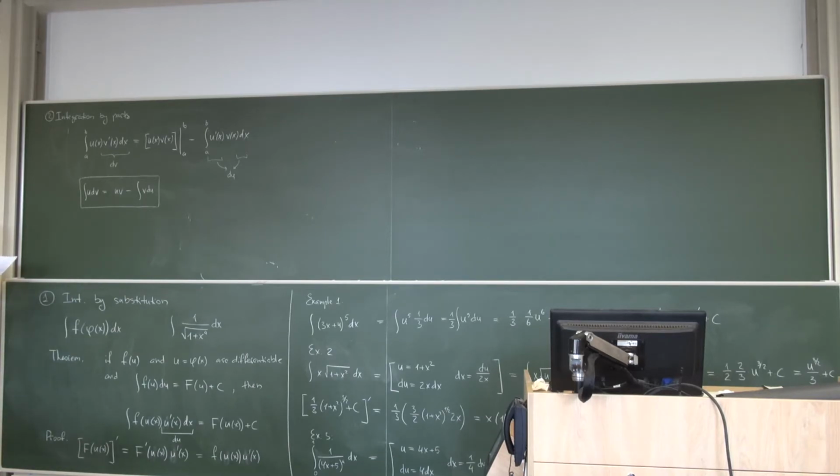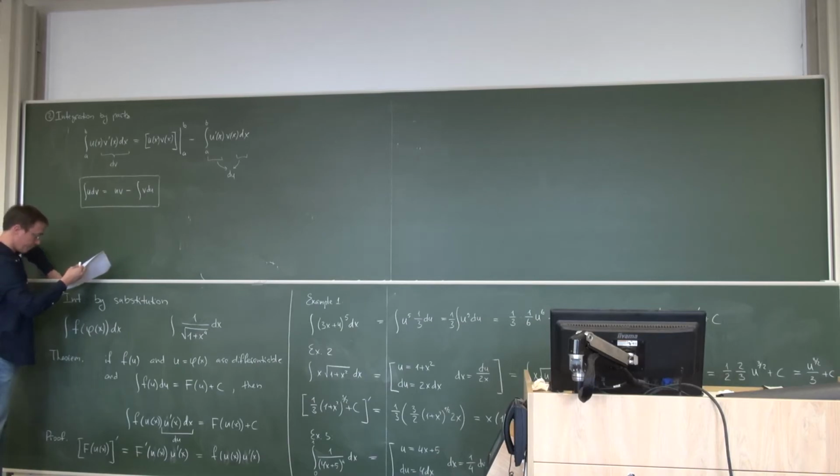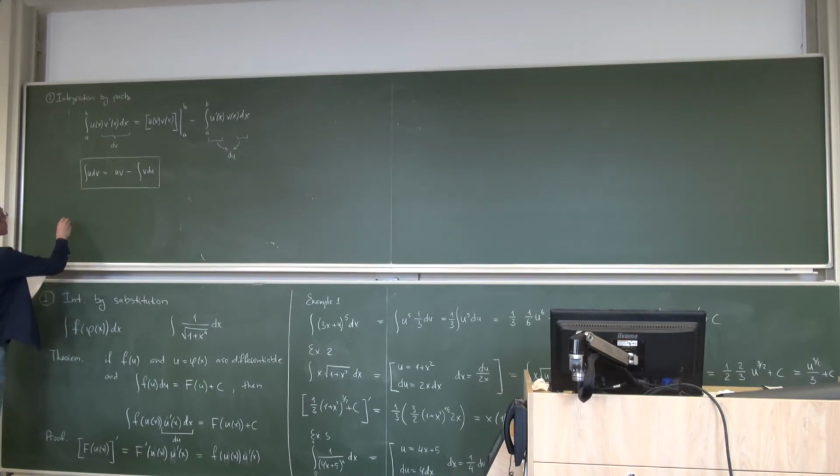What I will do is I will take the differential of u(x) v(x), and I will calculate the differential of this object. Well, just the product rule. So the derivative of that is u'v plus v'u.